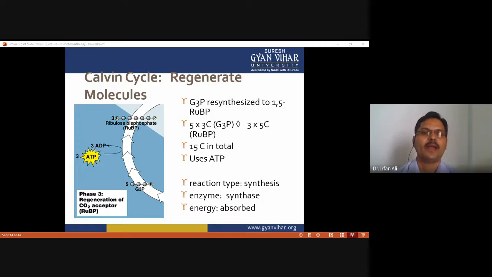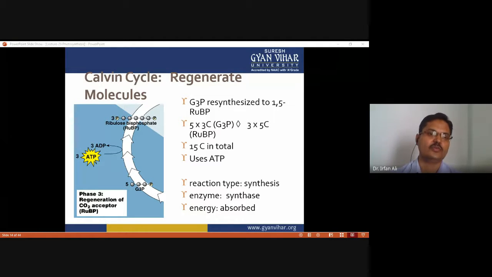Okay, and it uses the ATP. You have to see that it uses the ATP. So at this step there is synthesis of RuBP that takes place. That's why this is the synthesis reaction, and the enzyme is synthase. Because this is a synthesis reaction, the name of the enzyme is synthase, and energy is absorbed at this reaction.